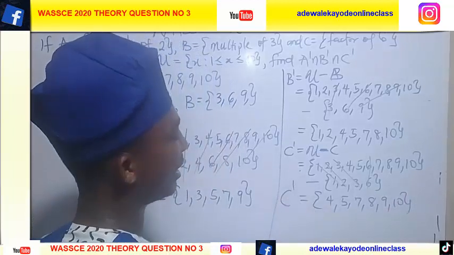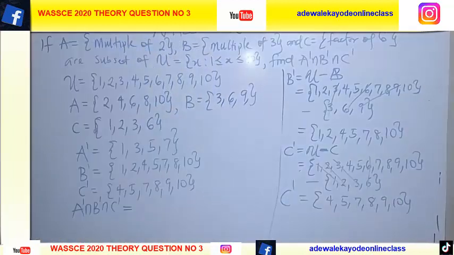These are C complement. Now the answer is A complement intersect B complement intersect C complement. That is the elements we can see in A complement, B complement, and C complement. So what is common?